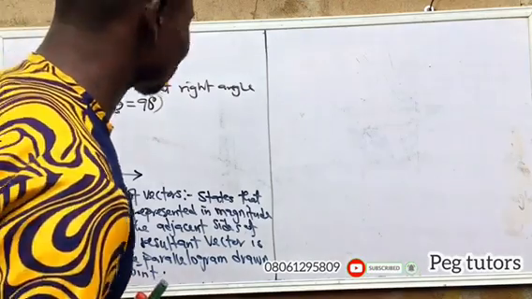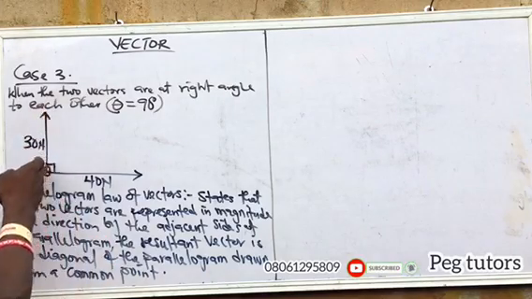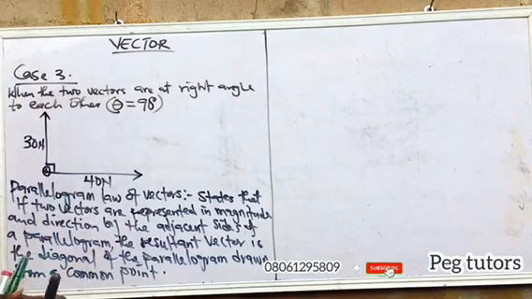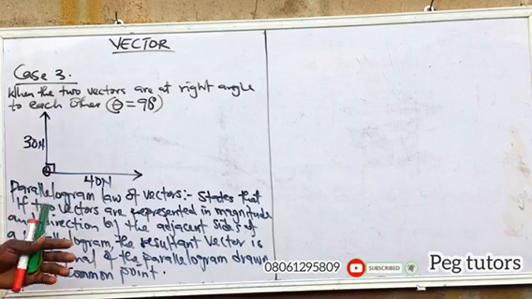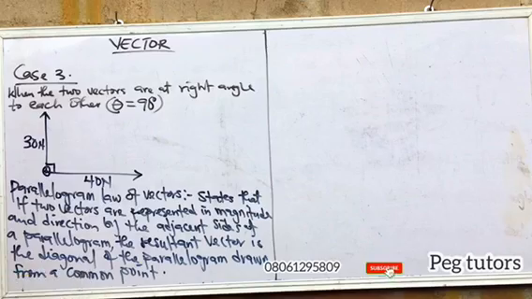Now, what does this mean? Any four-sided shape is a parallelogram, so a square is a parallelogram, rectangle is a parallelogram, trapezium is a parallelogram, which means this can be formed into a parallelogram.